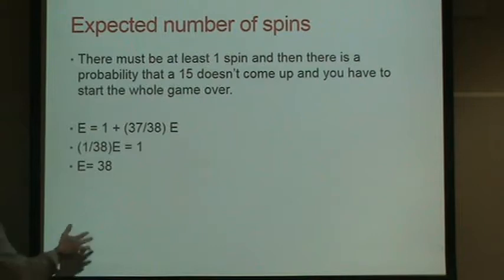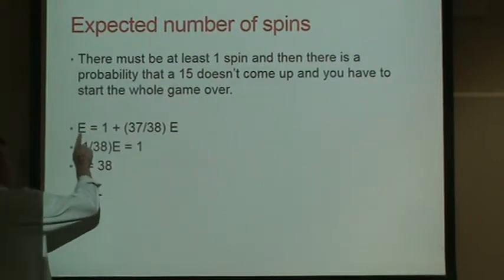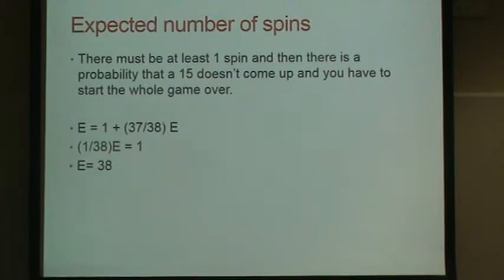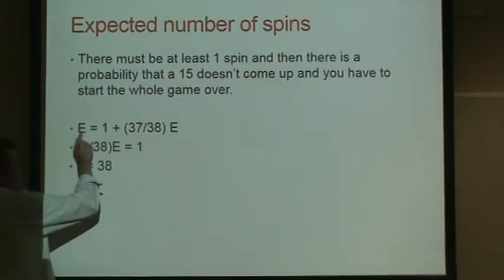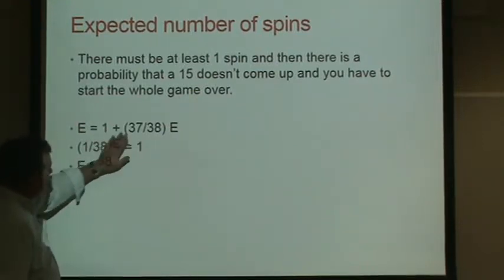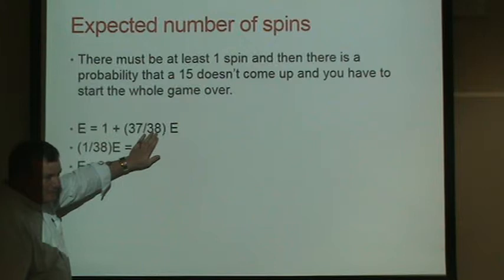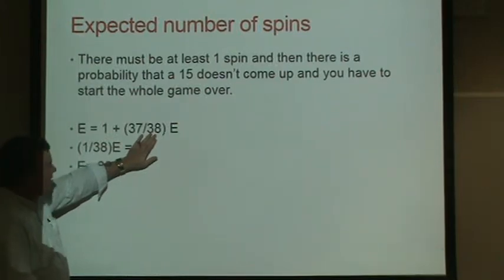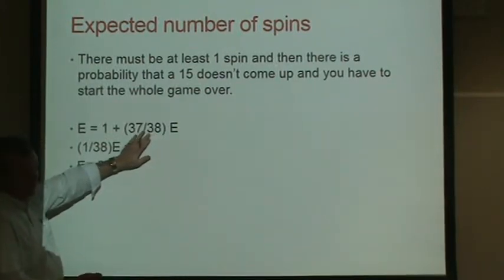And you would do a computation something like this. You say, okay, the expected number of spins of the roulette wheel before the first number 15 comes up would be the variable E. So that's the thing we're trying to solve. Well, we know we got to spin the wheel at least once. And 37 out of 38 times, we're not going to get the result we want, and we have to start over.